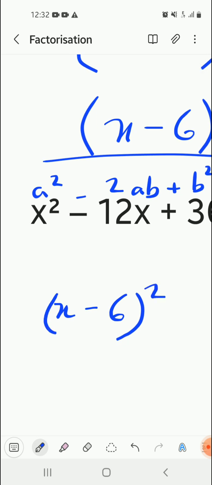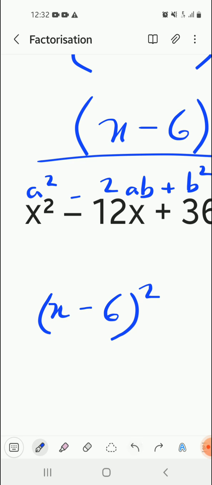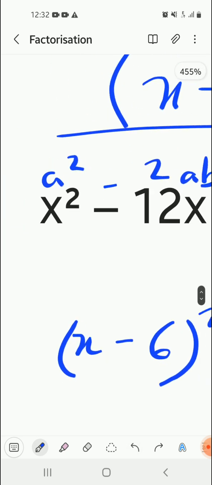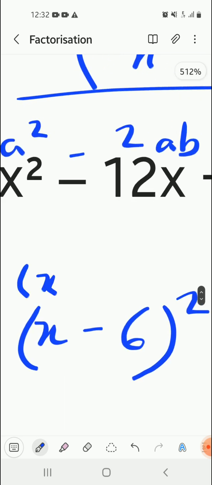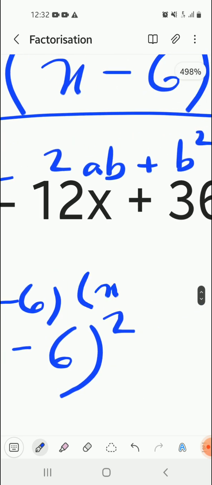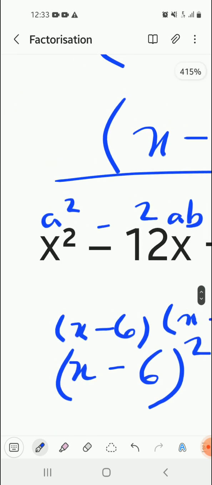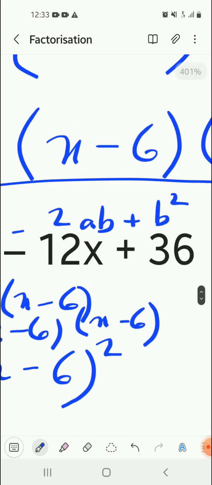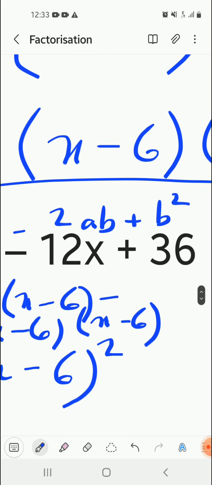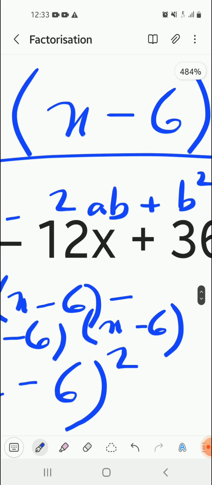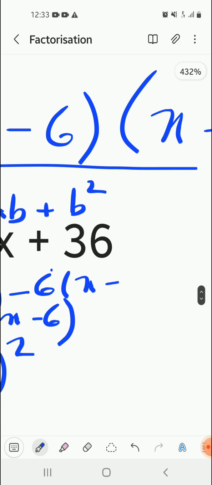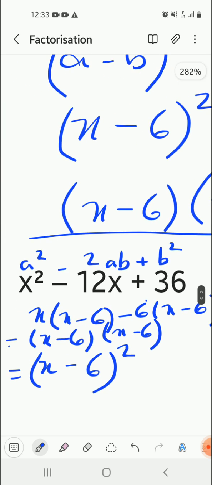So in this formula we need to break this up. How are we going to do it? We are going to write it in this manner. (x minus 6) whole square means (x minus 6) into (x minus 6). So what we need to do is do back calculation simply. So we write x minus 6, plus, now we are going to write minus 6 and x minus 6, back calculation.